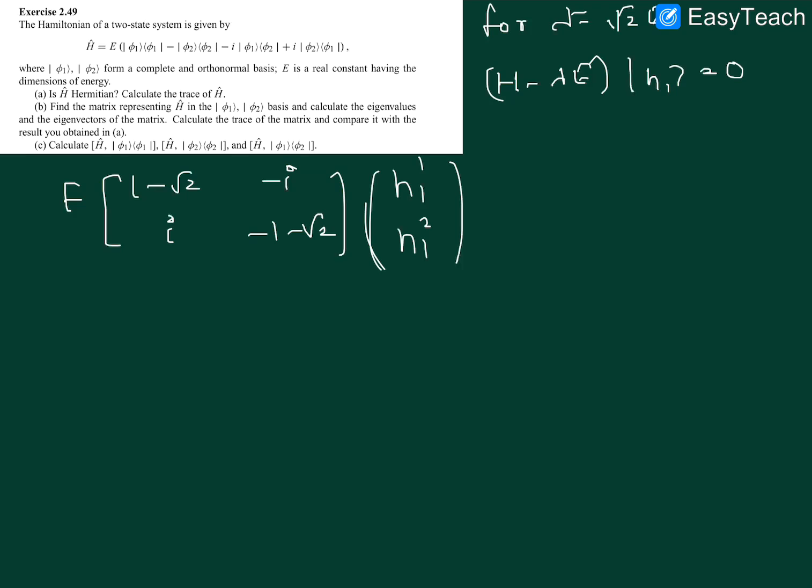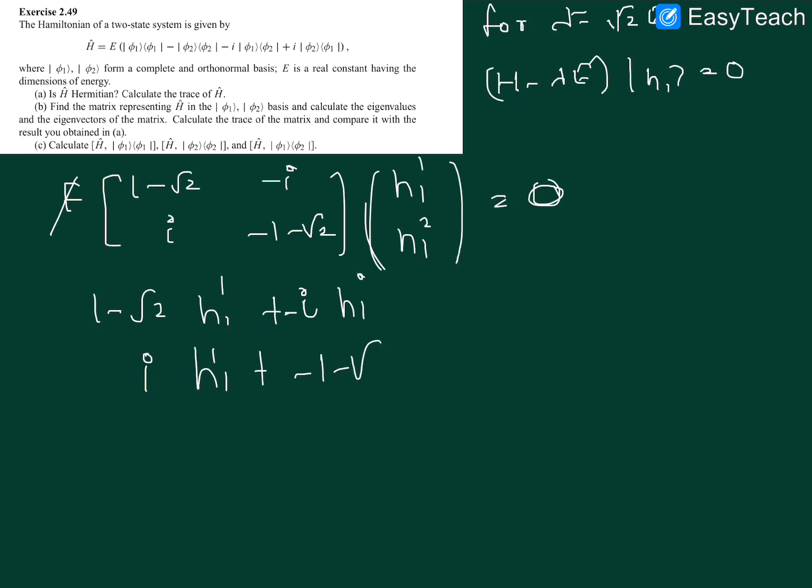These are nothing but the column vector of the eigenvector that we already have. We can just shift this to the right-hand side and cancel it. And now we get two equations: (1 minus root 2) h11 minus i h12, and i h11 minus (1 plus root 2) h12. Both are equal to 0.